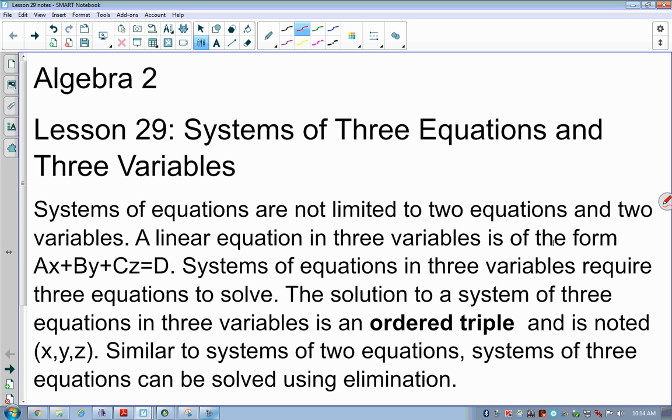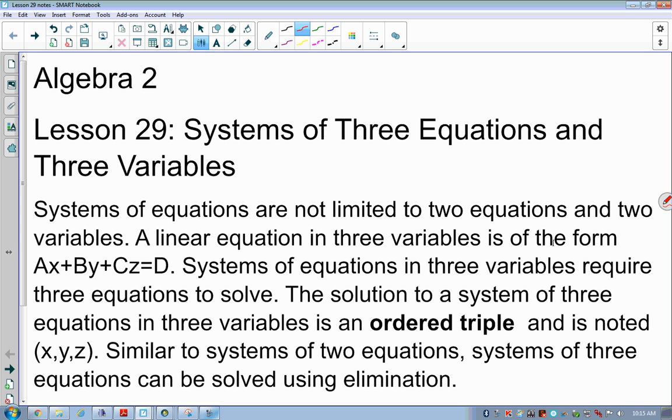We could find a specific point on this board, it's two-dimensional, but to find a specific location in the room, we need to know not only our length and our width, but our depth. So that's kind of what this is talking about, even though they're not going to get into it visually. And it's denoted as x, y, and z.